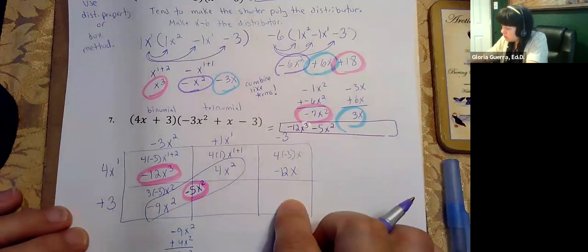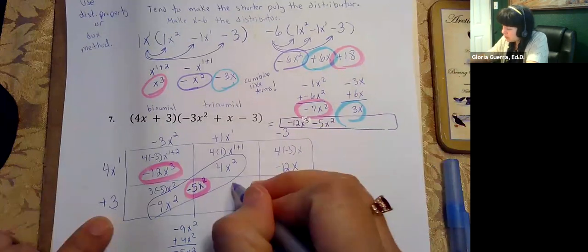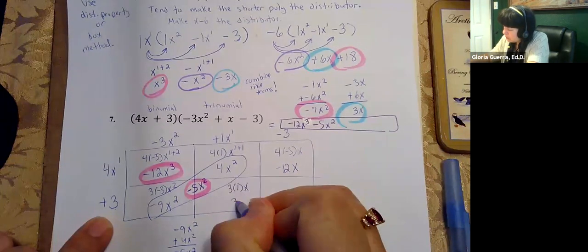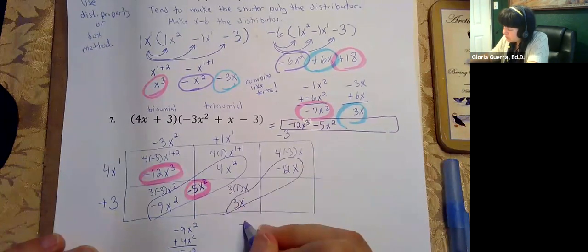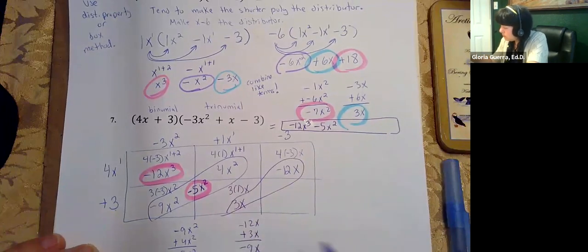So here we're doing 3 times x is just 3x. So you see you have those like terms right there. Negative 12x plus 3x is negative 9x.